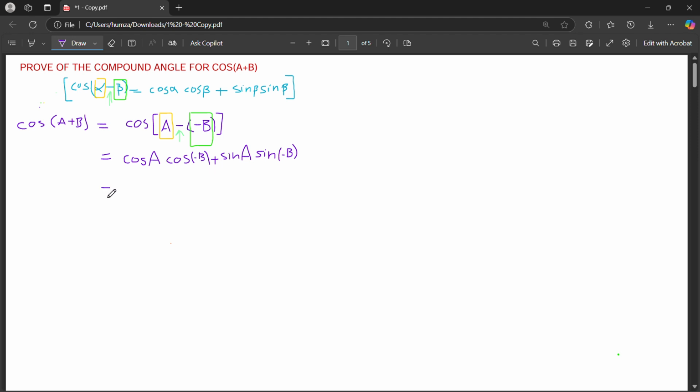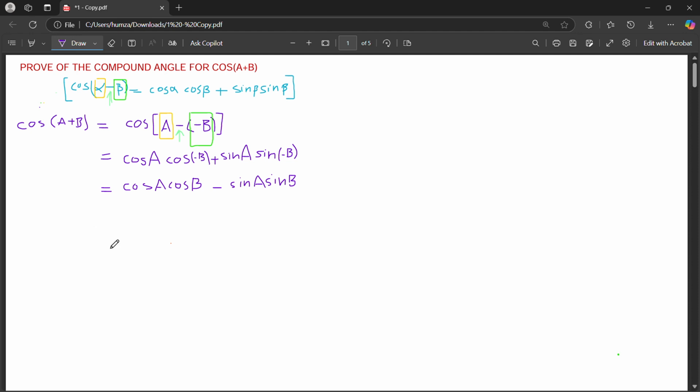Okay, so we can rewrite this again just to have a better explanation, that cos A and cos minus B is the same as your cos A cos B, and then sin A sin B, and this will become your negative. Why? Because negative times positive will give you negative.